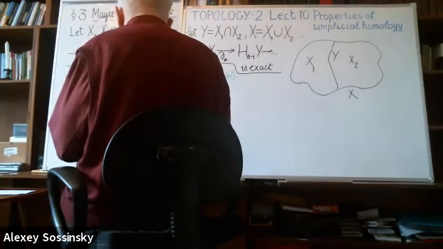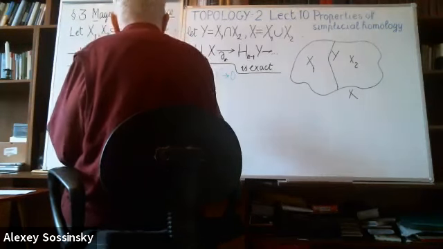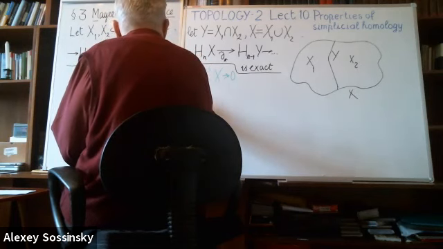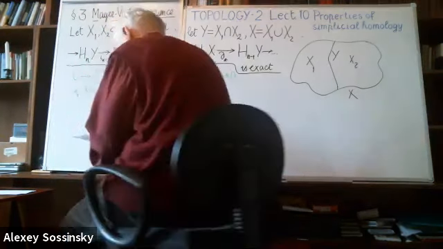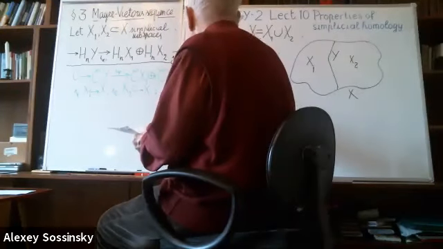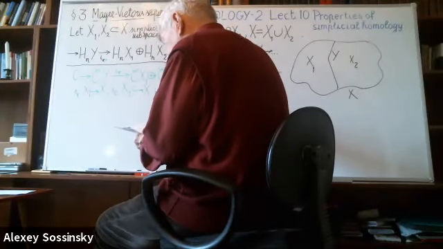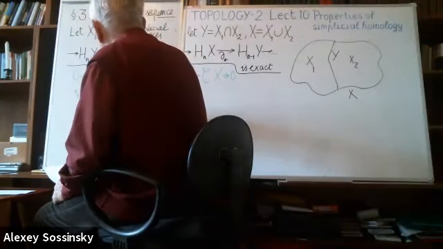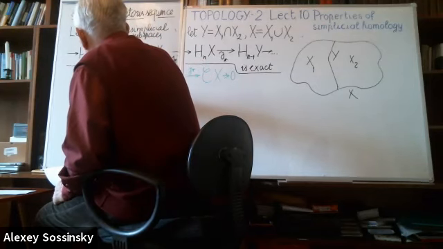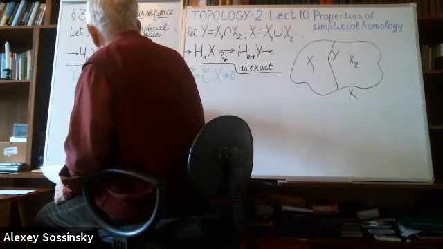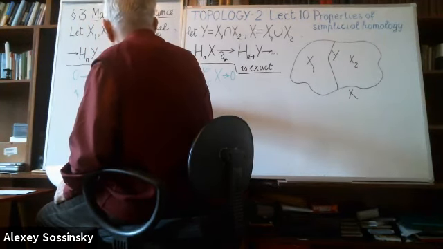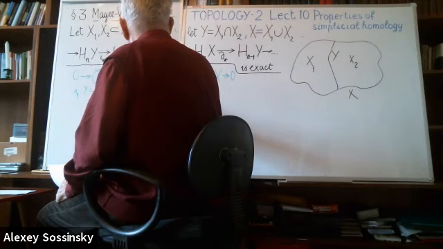And now I will construct this map I star as follows. For any, oh, I'm sorry, I got this all wrong. This is Y, sorry, Y in X1. And this is Y in X2, sorry.